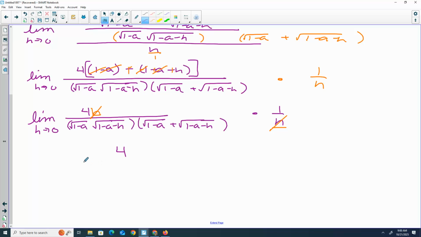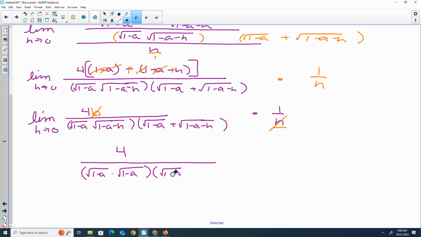So we just get 4 over radical 1 minus a times radical 1 minus a, radical 1 plus a, or sorry, 1 minus a. Plus radical 1 minus a.